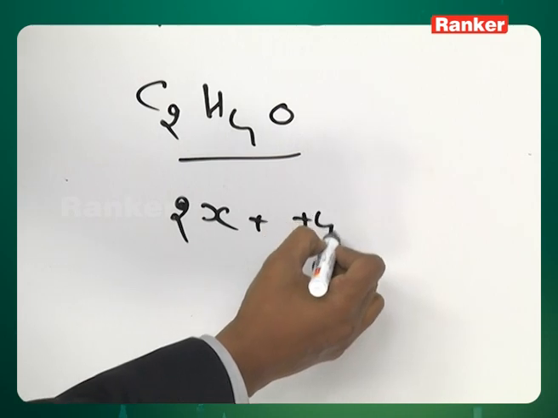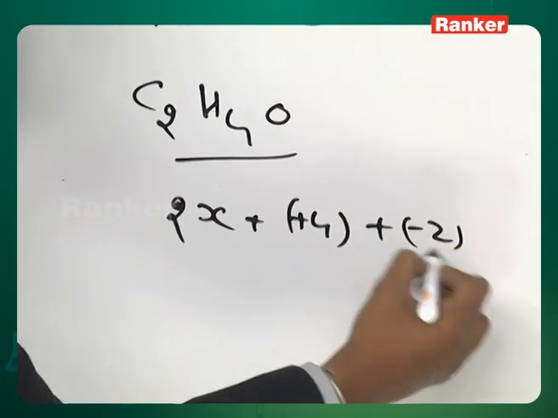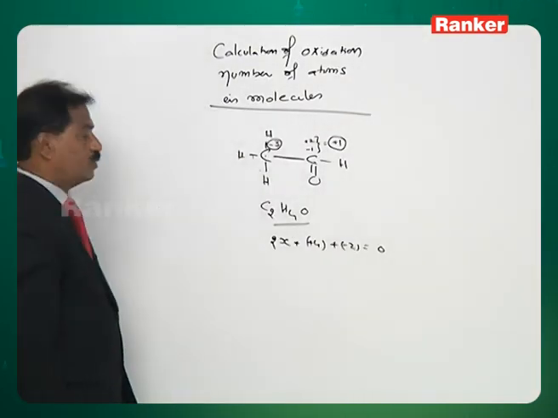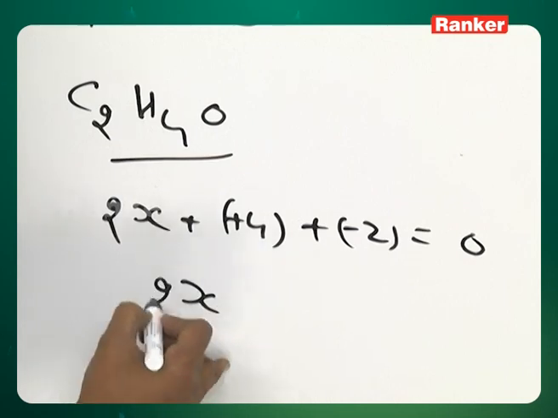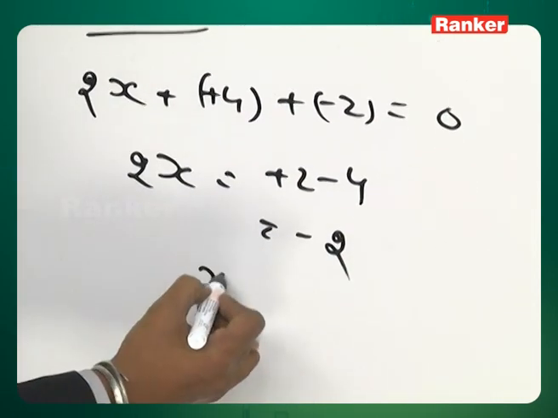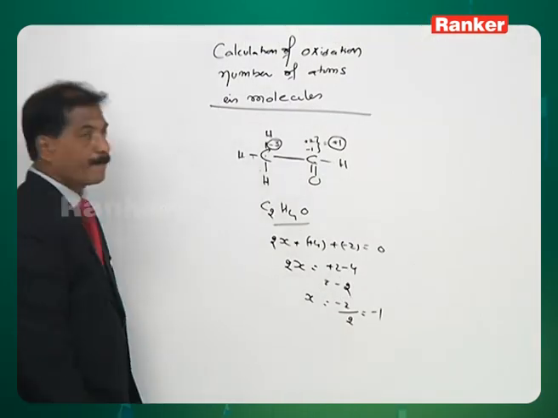Plus 4 hydrogens are present, so +4. Plus -2. The sum of the oxidation states in a neutral molecule is always equal to 0. Therefore, 2X is equal to +2 -4. Therefore, -2. So, X is equal to -2 by 2. So, -1.